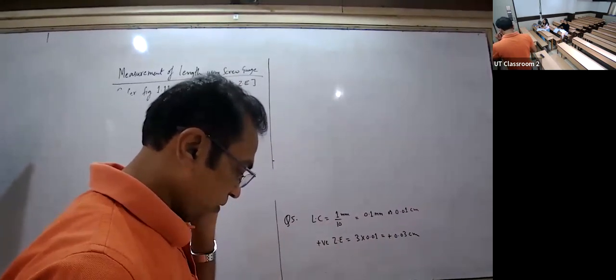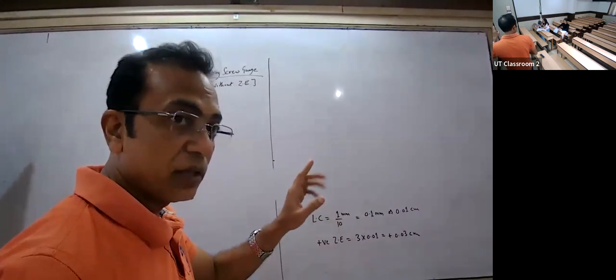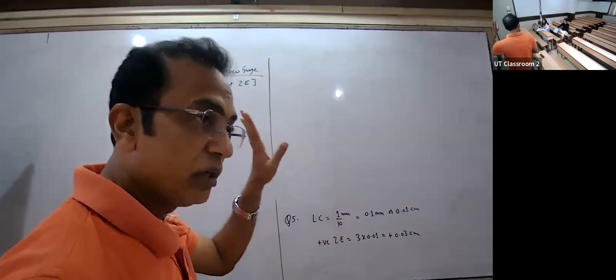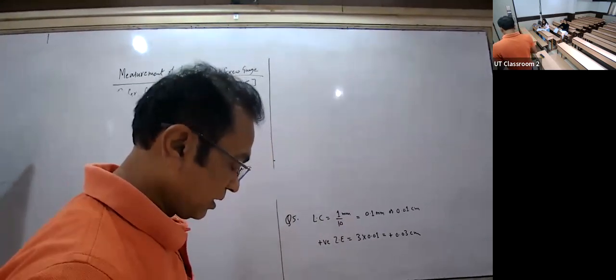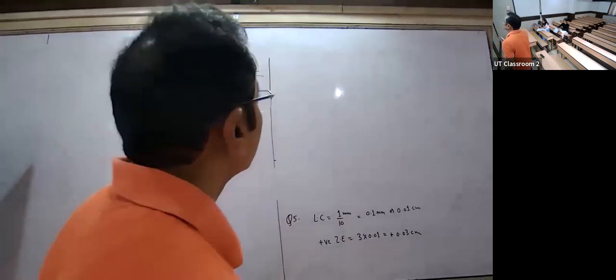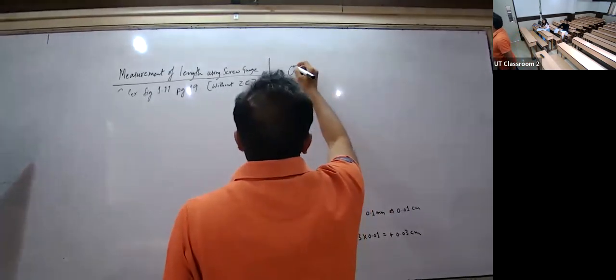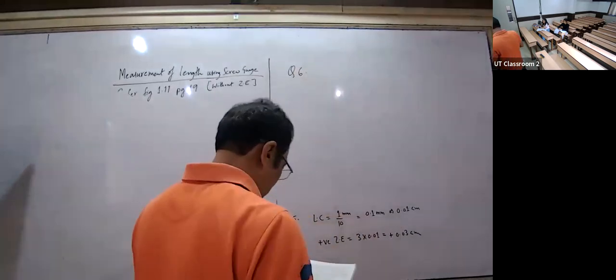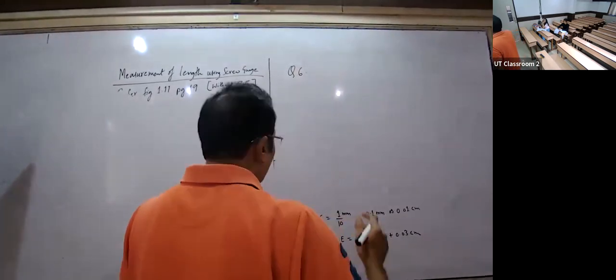The main scale of the vernier calipers is calibrated in millimeter. That means smallest division is 1 millimeter, right? And 19 divisions of main scale are equal to 20 divisions on vernier scale. So here what is given? What do you have to find? First you have to find the least count.